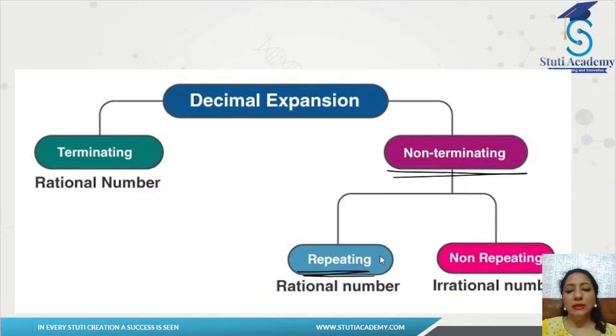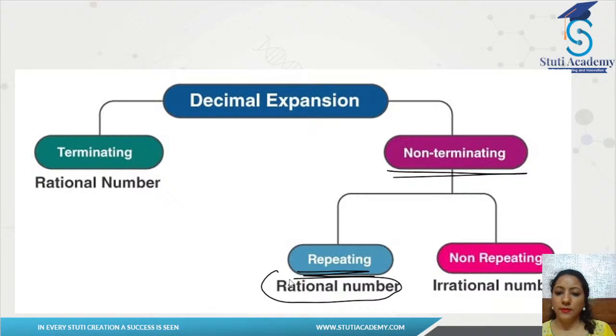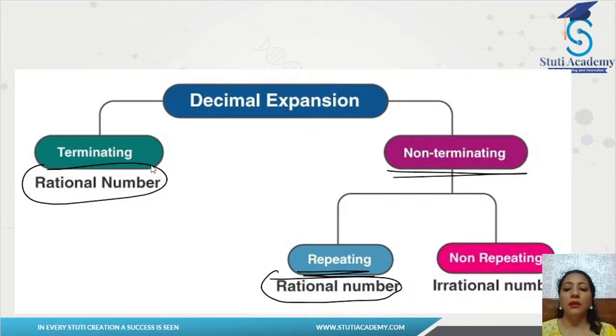Repeating means after a certain stage, the digits are repeating themselves, then also it is a rational number. So terminating decimal expansion gives rational numbers. Non-terminating repeating decimal expansion gives rational numbers again. But non-terminating, non-repeating decimal expansions are irrational numbers.